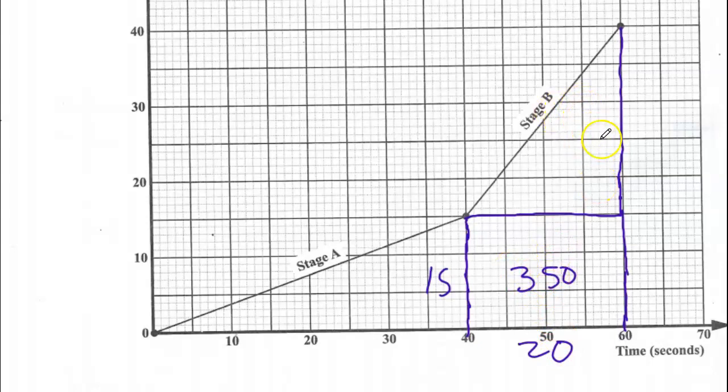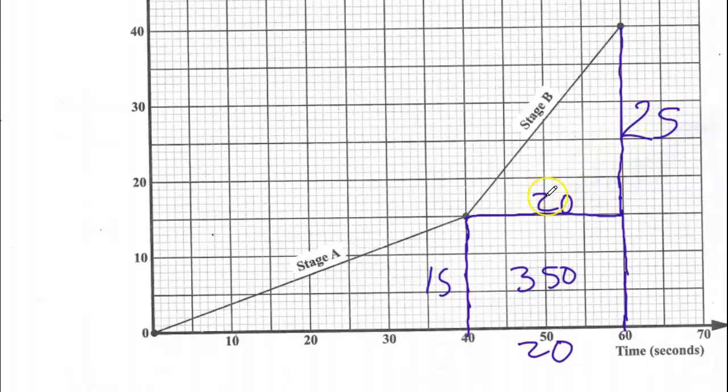Now the area of the triangular part: half base times height. The base is 20, just as here, so half of this would be 10. What's the height? We are moving from 15 to 40, so the height is 25.